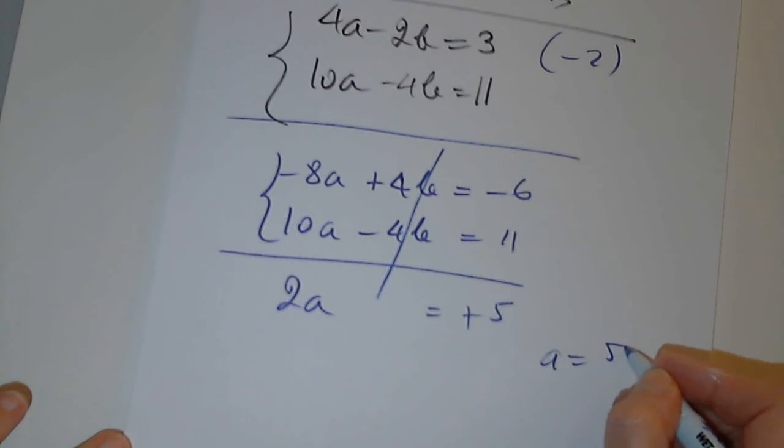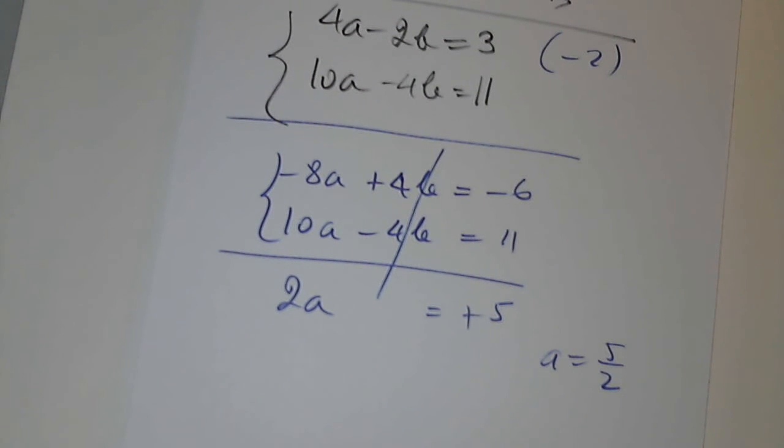So a equals 5/2. So I eliminated b, multiplying the first equation both sides by negative 2, all terms of course. 4b minus 4b goes away, and then 2a equals 5, so a equals 5/2.